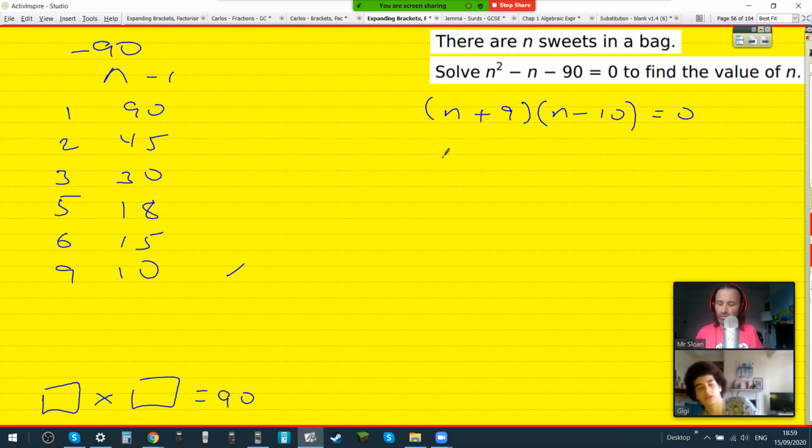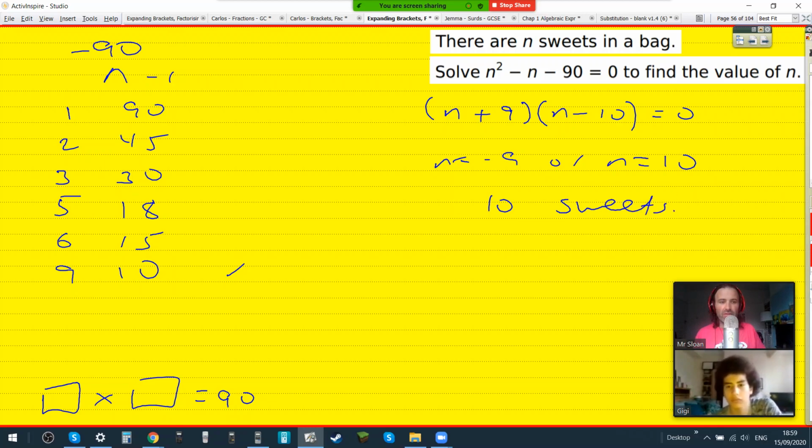So it would either be minus 9 or plus 10. Huh. But it doesn't say. It says how many sweets are in the bag. Oh. So it would be 10. Yes. You'd have to reject the negative one for this one. Well done. And so that's 10 sweets.